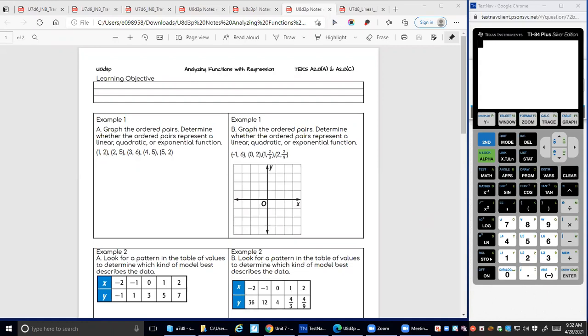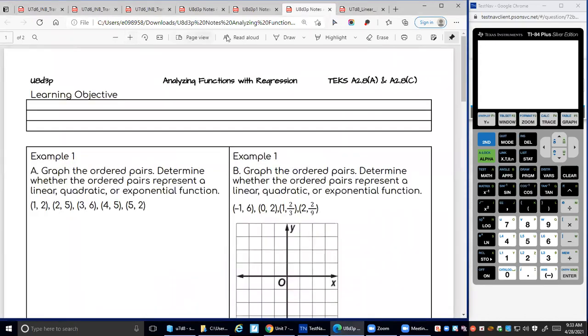The objective is on the board. I'm going to go ahead and write it in. Today, boys and girls, we will identify and write linear, quadratic, and exponential functions given data.